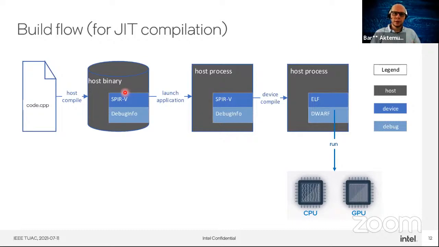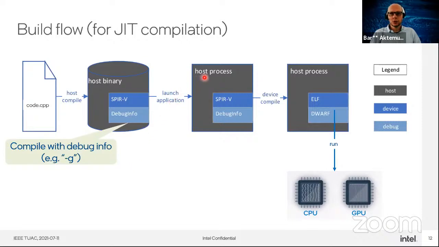So the compiler detects the kernel, and then it translates the kernel to an intermediate format in the SPIR-V specification. And if we enable debug info during compilation, for instance, by using the -g flag, then this SPIR-V is going to also have debug info together with it. Then let's say we launch the application.